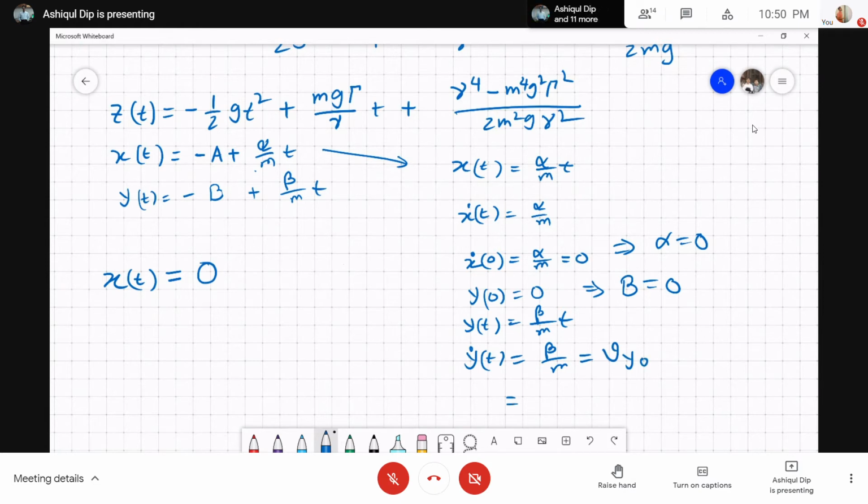It gives me beta equals vy naught multiplied by m, or just beta by m equals vy naught. Substituting that, you get y of t equals vy naught multiplied by t. This is the expected result, right?